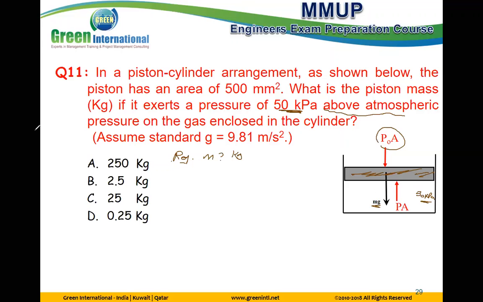Finally, we write the equation for balancing. mg is down plus P naught A is down, equal to PA going up. This is the equation itself.